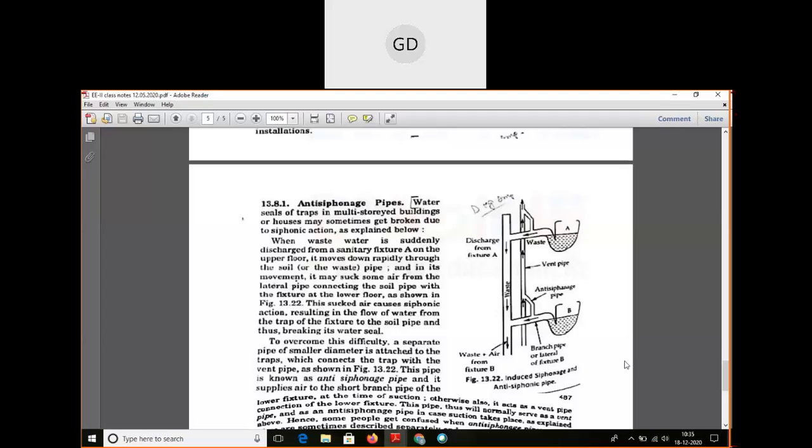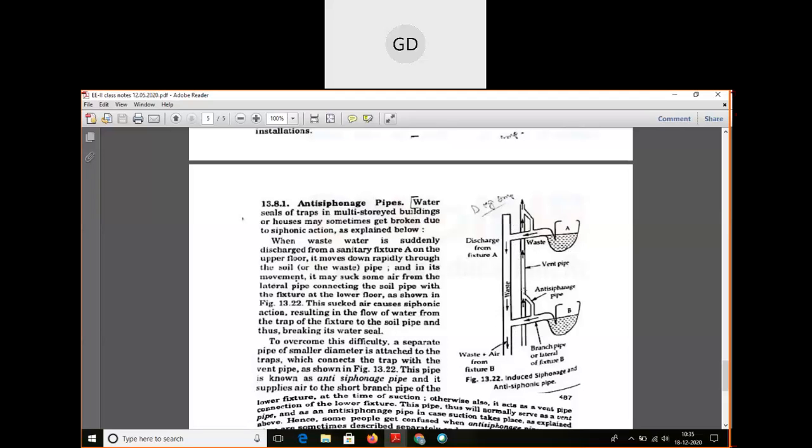Suppose the wastewater is suddenly discharged from a sanitary fixture A on the upper floor. It moves rapidly down through the soil pipe, and in its movement it may suck some air from the lateral pipe connecting the soil pipe with the fixture at the lower level.